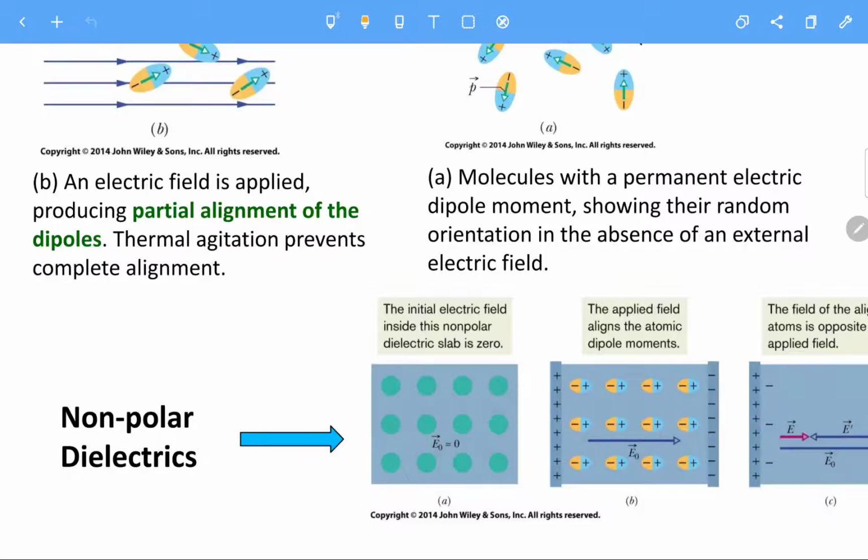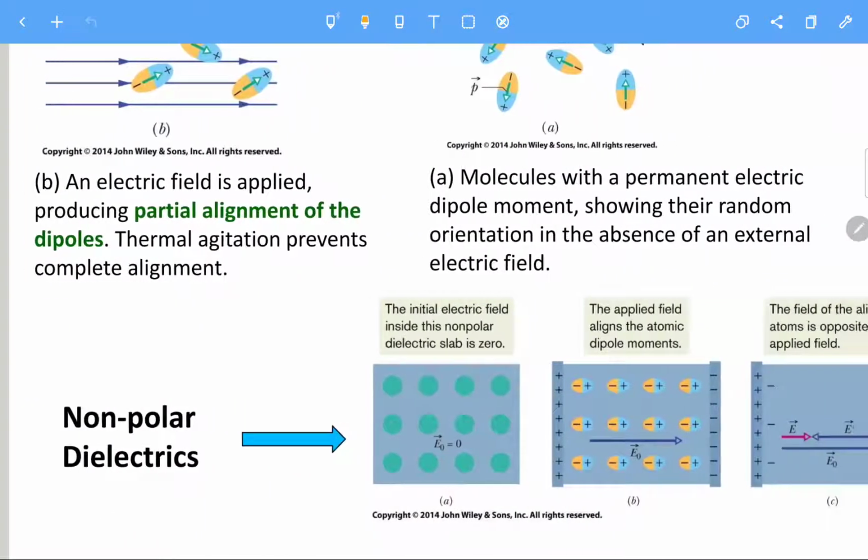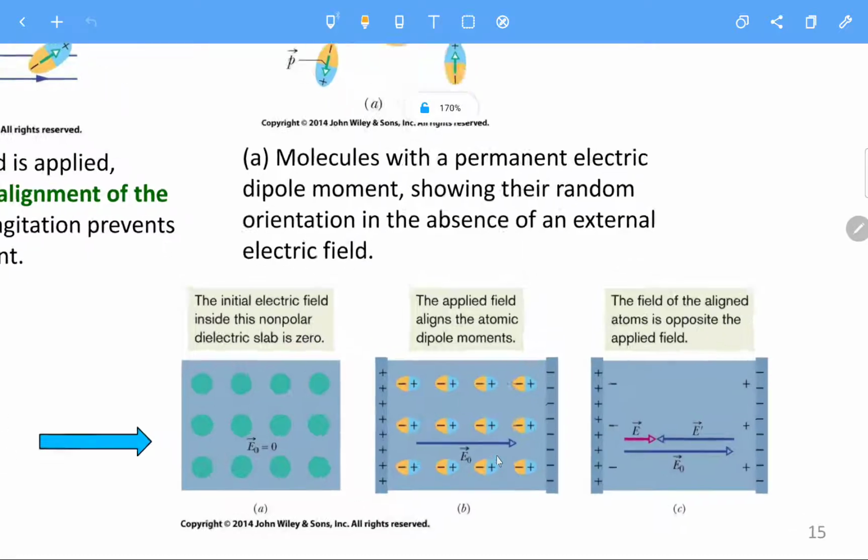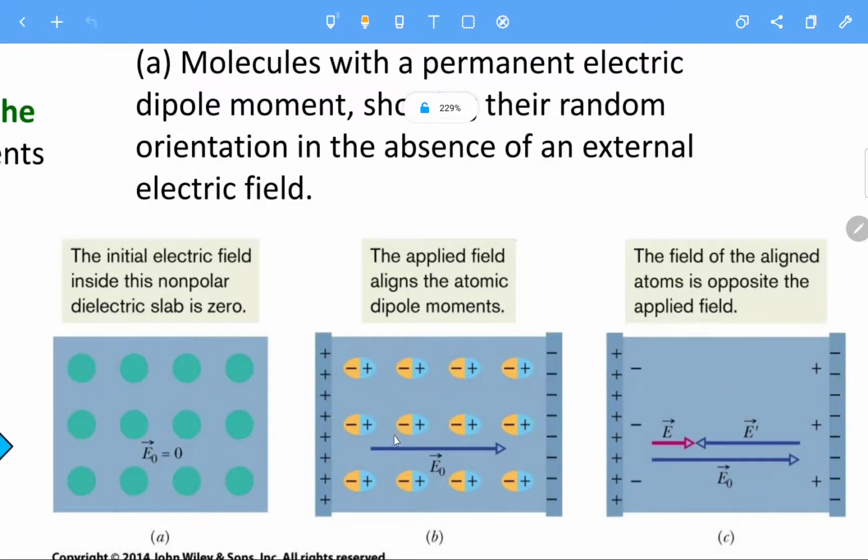If we apply an external E field to the dielectric, then all the dipoles will roughly align to a direction following the E field. So in this case, suppose we have an E field pointing to the right side. For the positive charge, there will be a force acting to the right side.